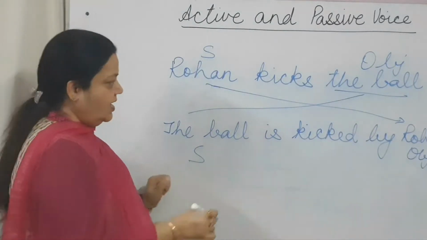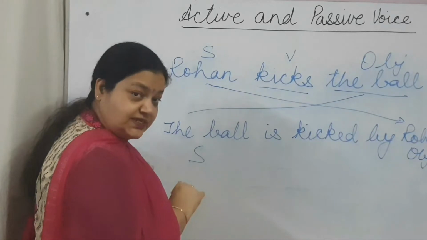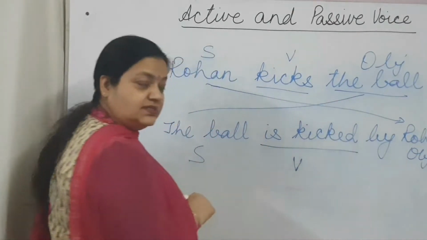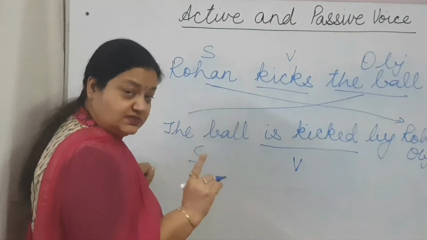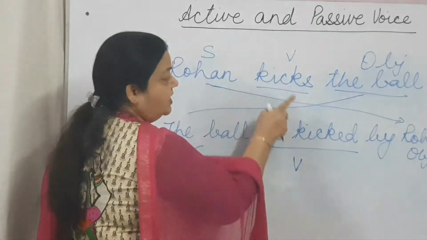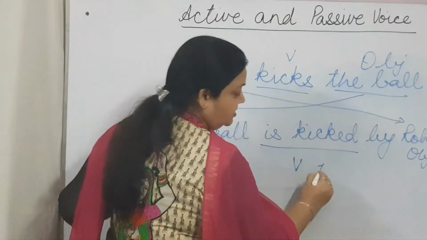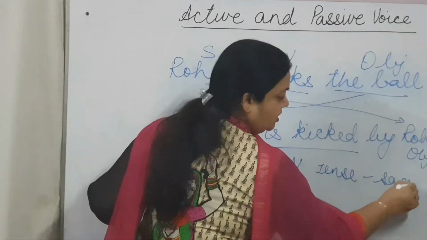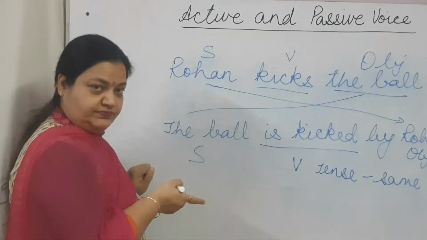Right? Then kicks, the verb, is in present tense and here also it is in present tense. So the verb doesn't change its tense. The first thing to notice is that the tense remains the same in both active as well as passive voice.